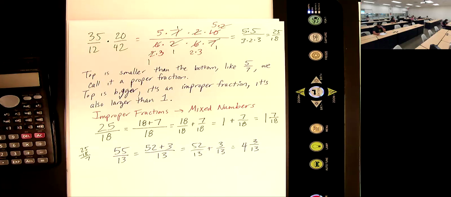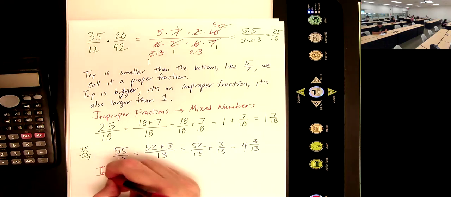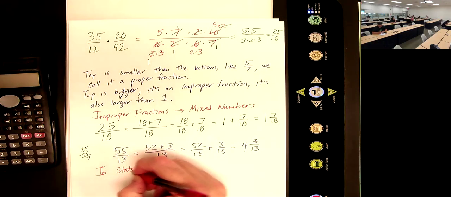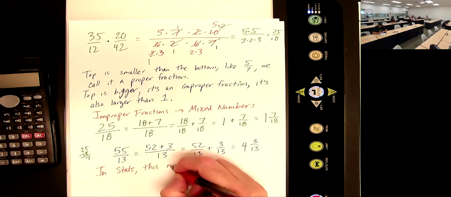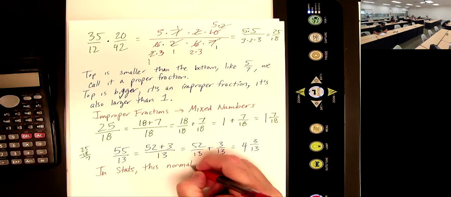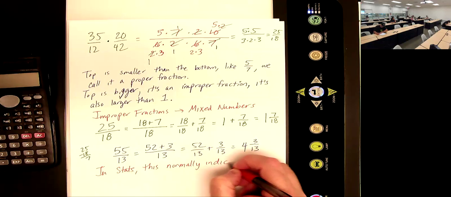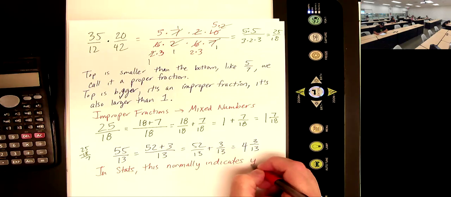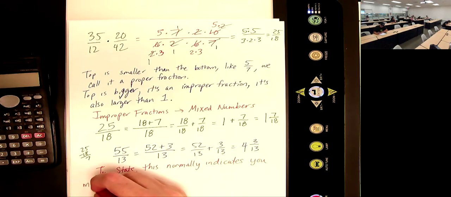Now, if you get a number like a mixed number in statistics, it means you probably did something wrong. In stats, this normally indicates something wrong. Made a boo-boo.